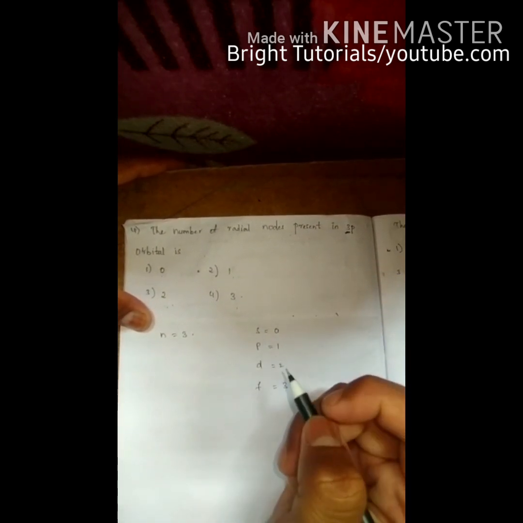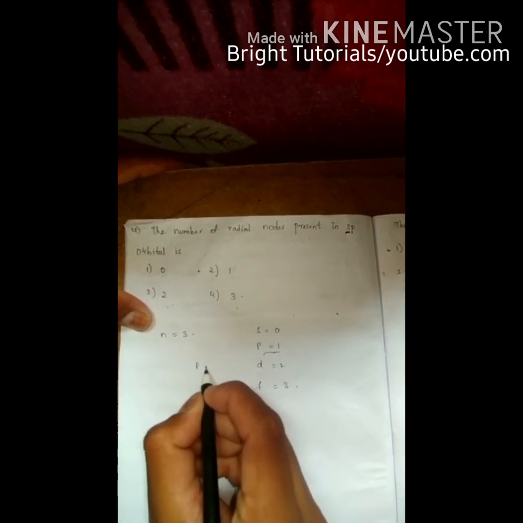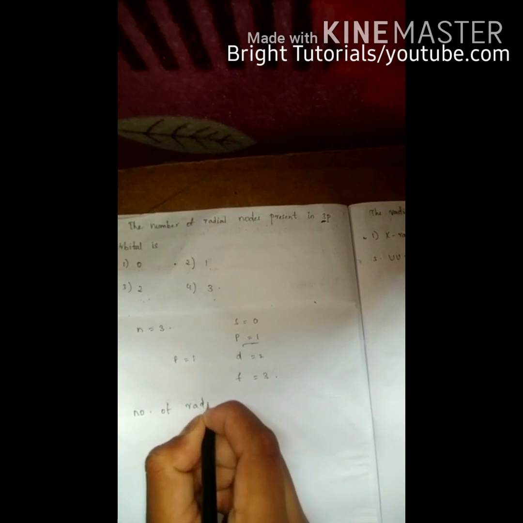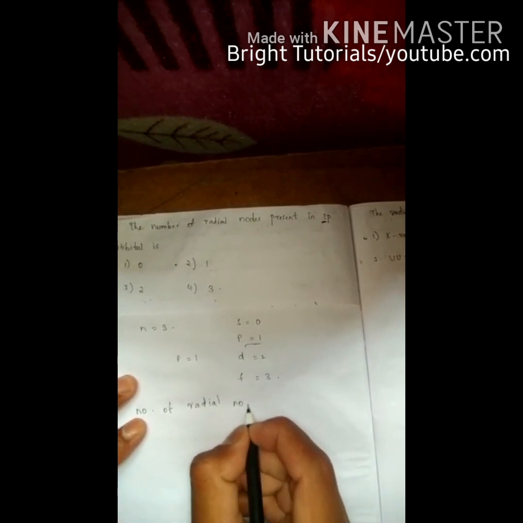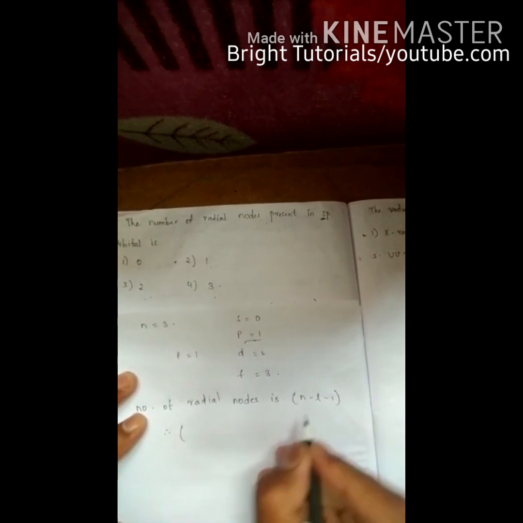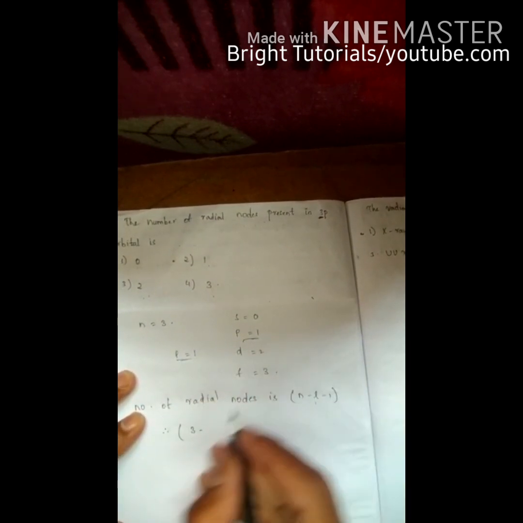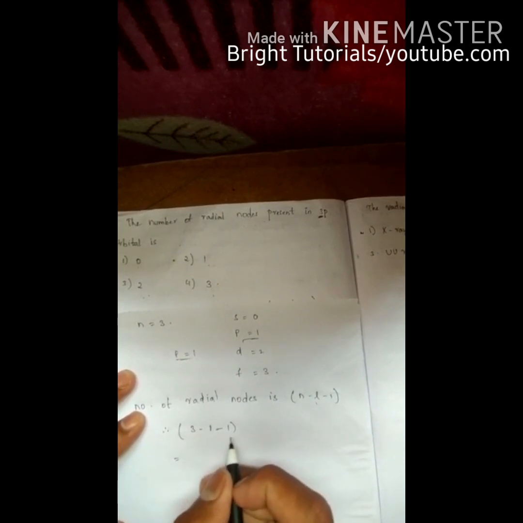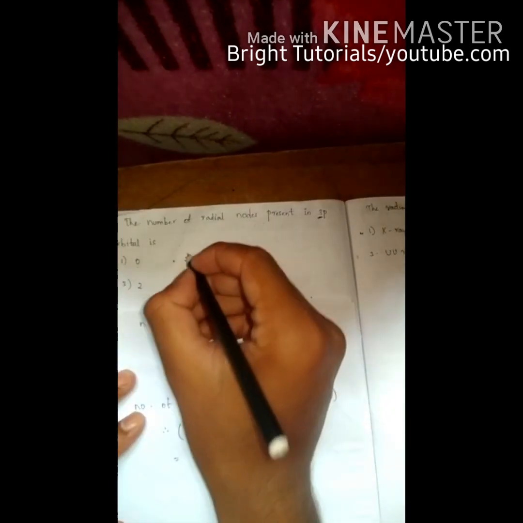Since in this question p is given, l is equal to 1, and the formula for the number of radial nodes is n minus l minus 1. Therefore n is 3, l with respect to p is 1, and minus 1, that is equal to 3 minus 1 minus 1, that is equal to 1. So the answer is 2.